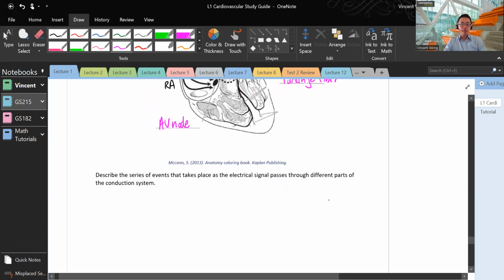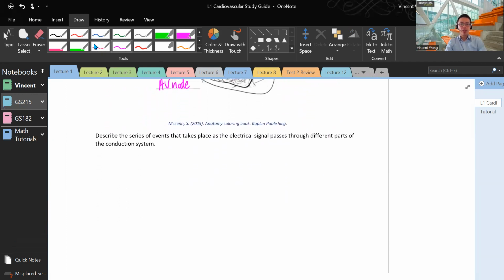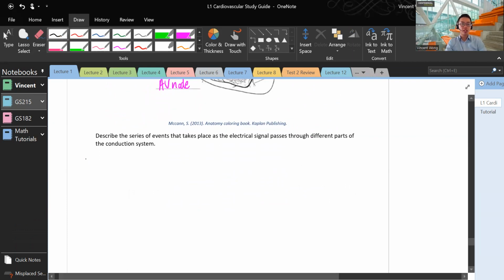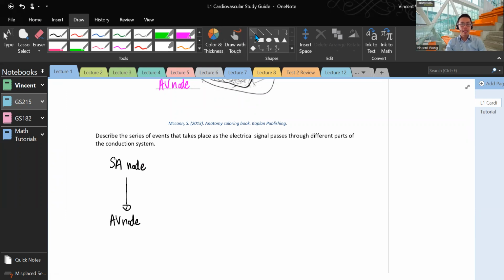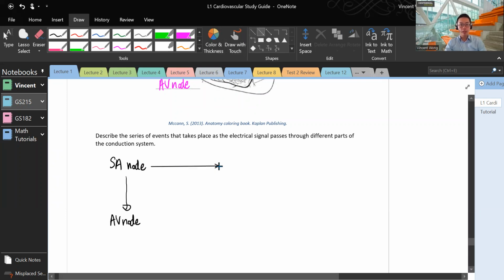So describe a series of events that takes place as the electrical signals pass through different parts of the conduction system. So SA node sends the signal and it's going to go down to the AV nodes, right? And at the same time, the signal will spread across atria. Atria is the plural for atrium.